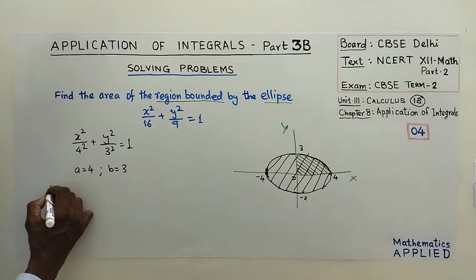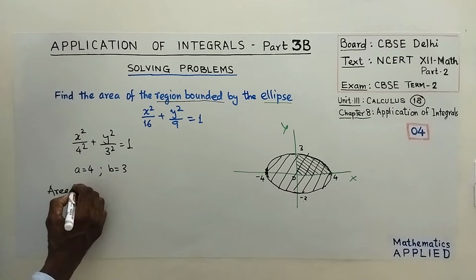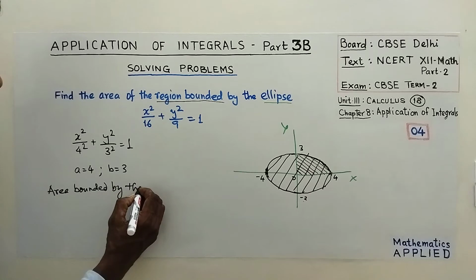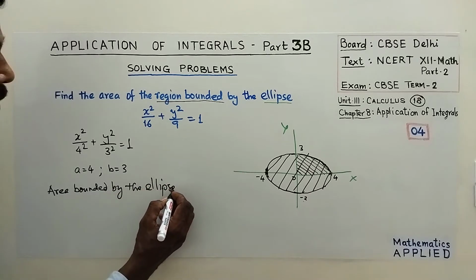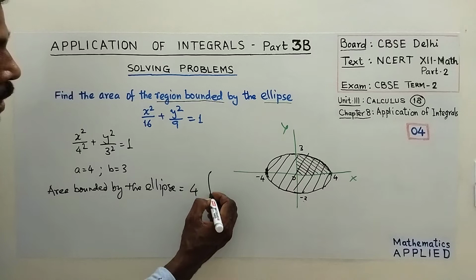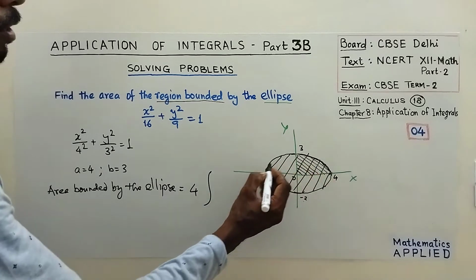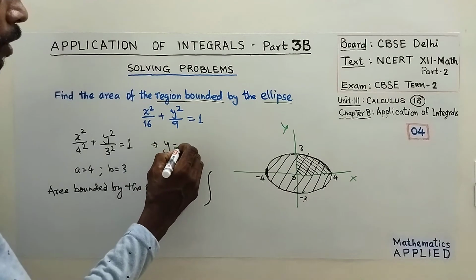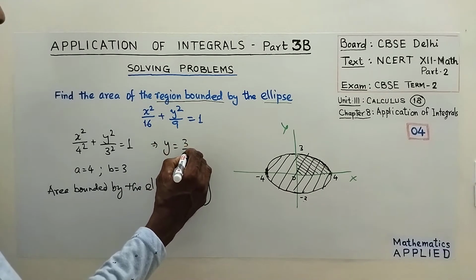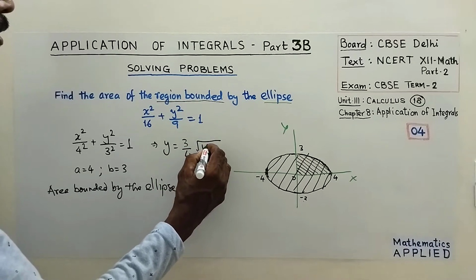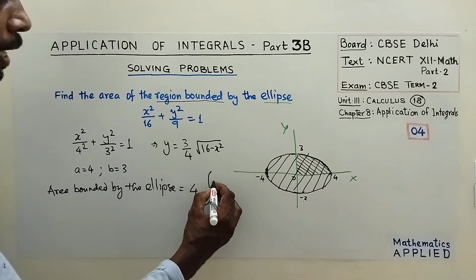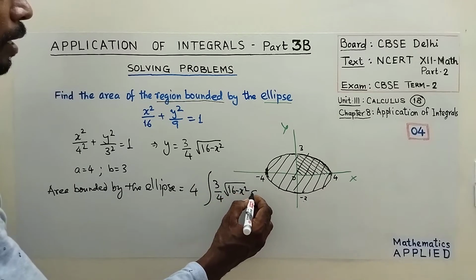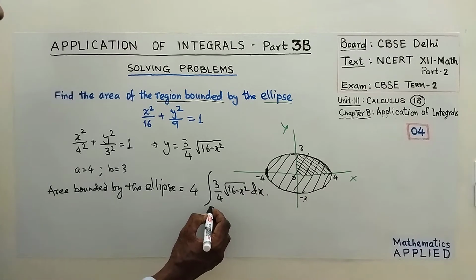So you write area bounded by the ellipse is equal to 4 times the integral of this curve in the form of y. So we will write this in the form of y. Y equals 3 by 4 root over 16 minus x square. So you write that here, 3 by 4 root over 16 minus x square dx from 0 to 4.